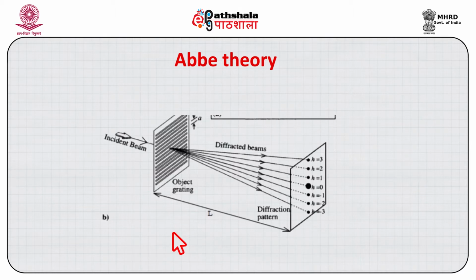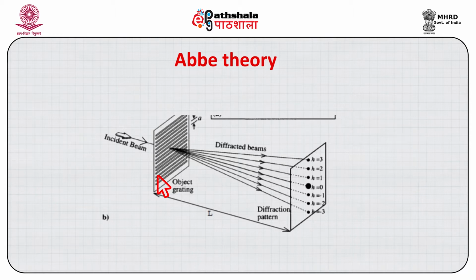The other interesting thing we see by this diffraction is that when an image is produced by this one-dimensional diffraction grating, the image is normal and inverse to the object.